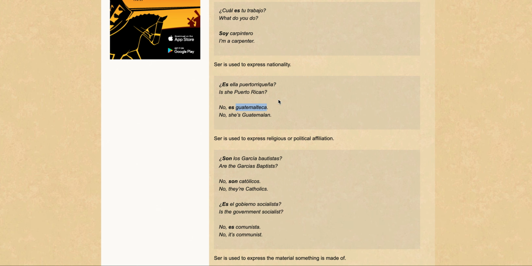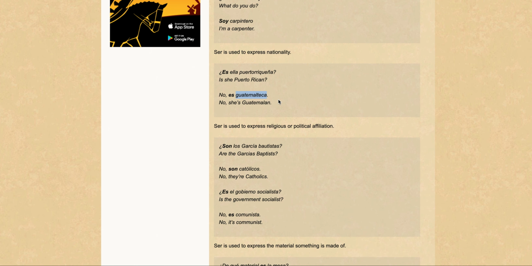Alright, and it's also used to express religious or political affiliation. So ¿son los García Bautistas? Are the Garcías Baptists? No, son Católicos. No, they are Catholics.